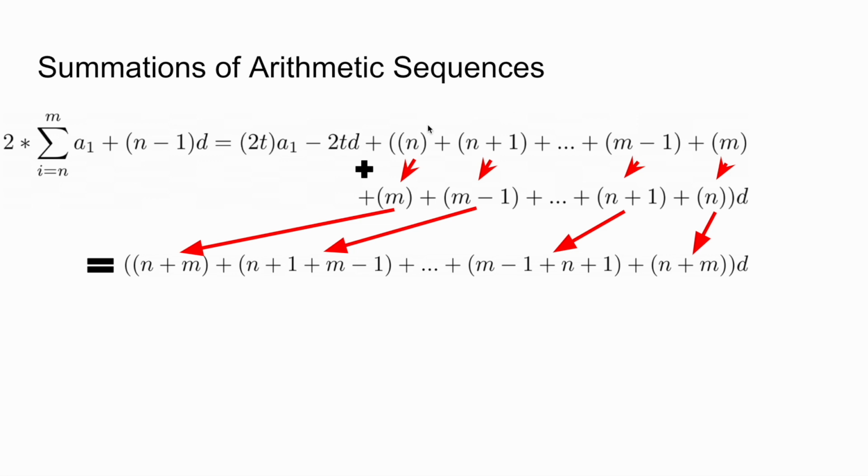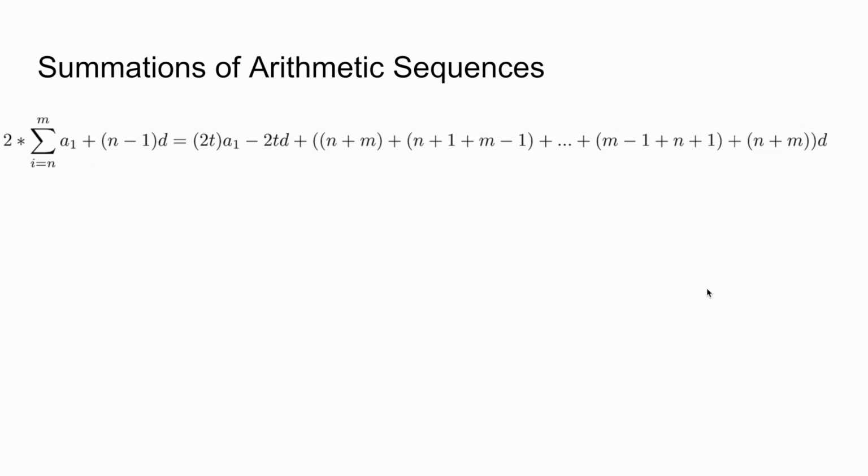And when we add this, we get n plus m plus n plus 1 plus m minus 1, and then that keeps on going until we have m minus 1 plus n plus 1, and then n plus m, and we multiply all that by d.